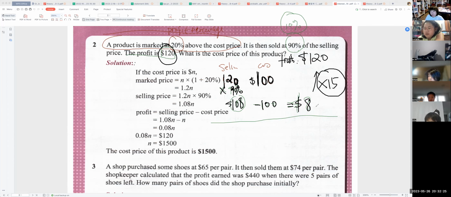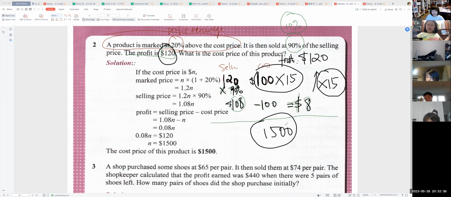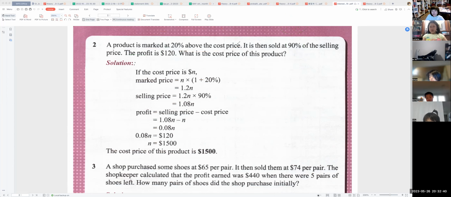ratio。那我的利润增加了15倍，那我的 cost 也增加15倍，不就完了吗？所以我的 cost 是1500的。OK，好，有小朋友说老师我没学过 ratio，我不会做，那怎么办？OK, so we just make it algebra.